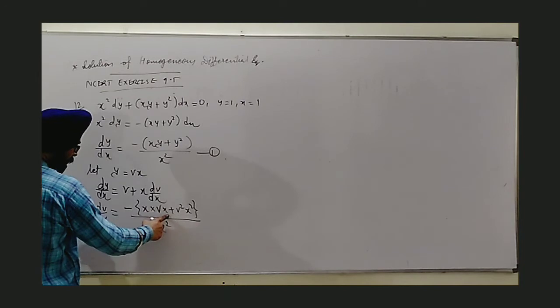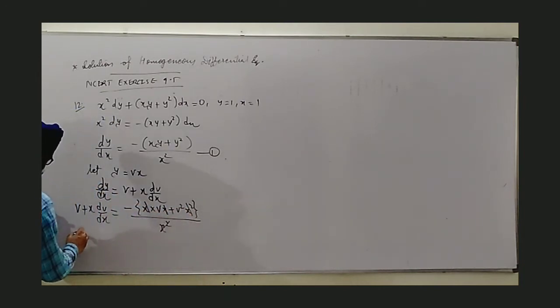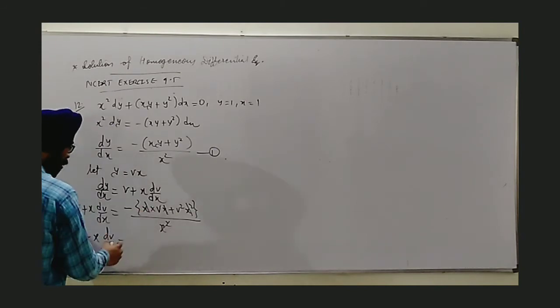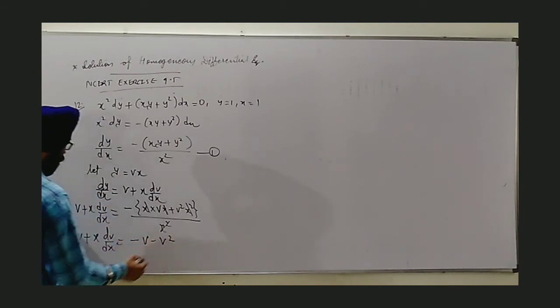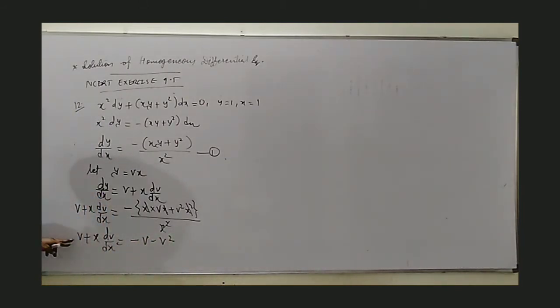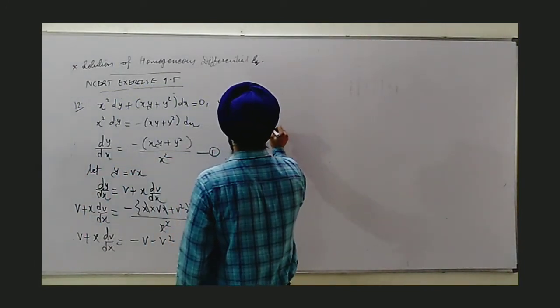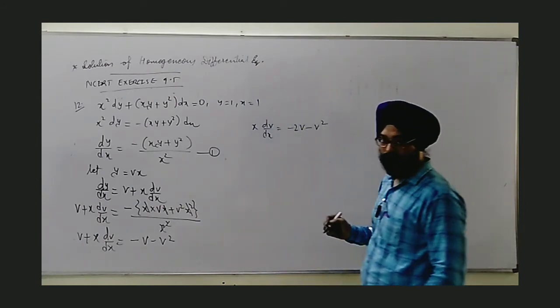So x into x square is common from numerator and denominator, being cancelled out. We are left with v plus x dv by dx equal to minus v square. I hope you have it. When this v is shifted to the right hand side, we get x dv by dx equal to minus 2v minus v square.